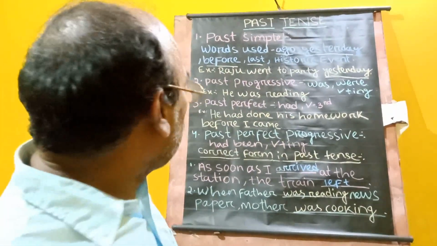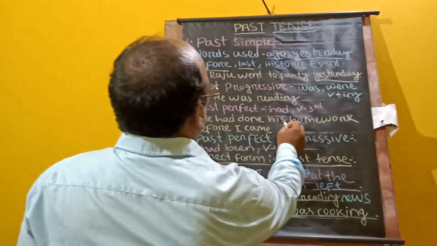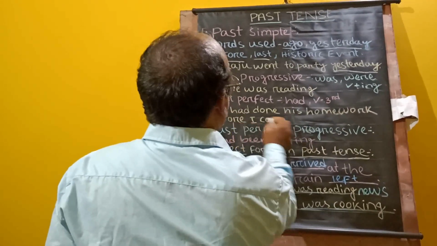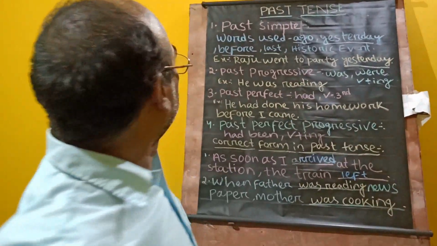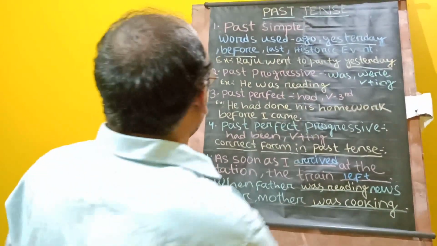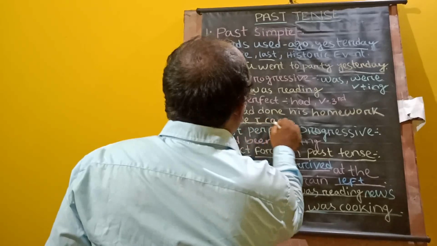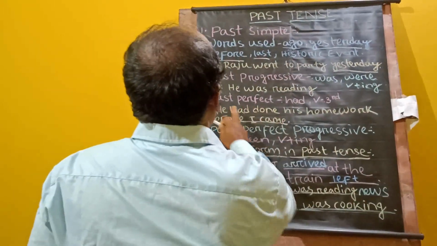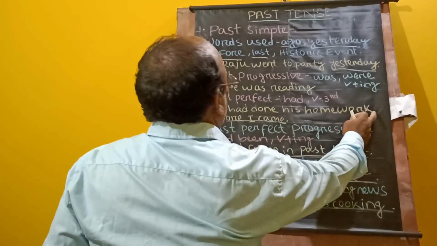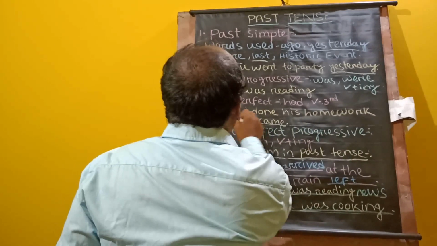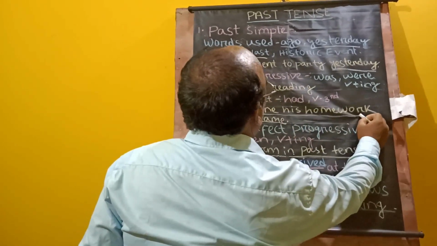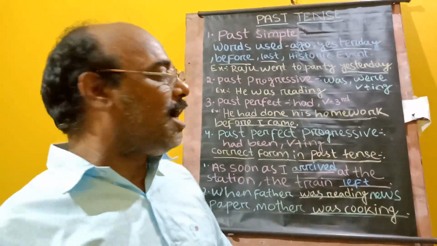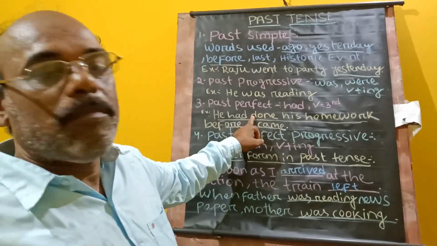For example, he had done his homework before I came. Here, before I came is in the past simple form and it is combined with the past perfect form, that is he had done his homework. We can call this form the earlier past form.